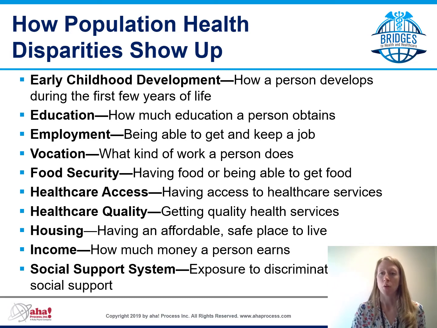We would also note that several of these, including education, employment, food security, healthcare access, housing, income, and social support systems, among others not captured here, such as transportation, are addressed in the social determinant of health screening tool utilized by NCI partners in the Medicaid Transitional Care Management, or MTCM, pilot program.